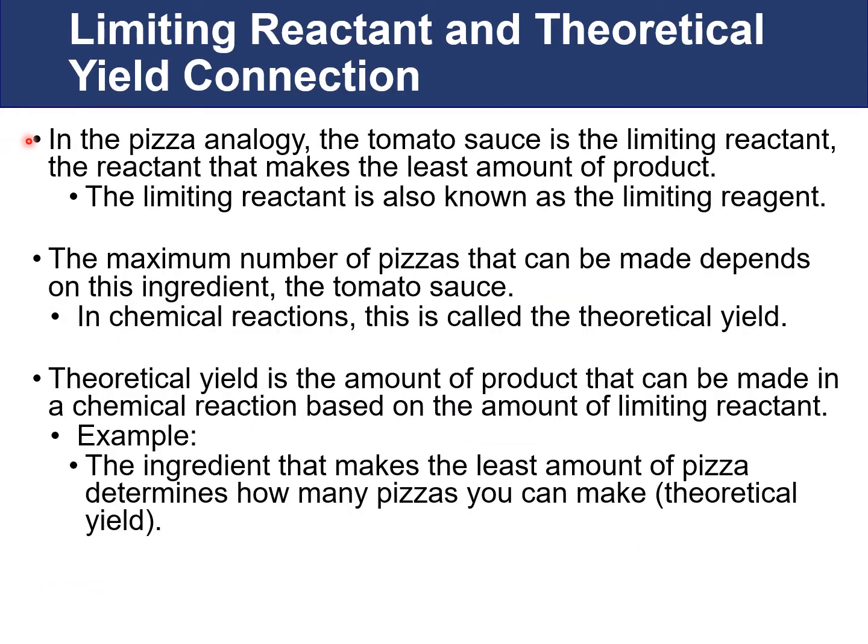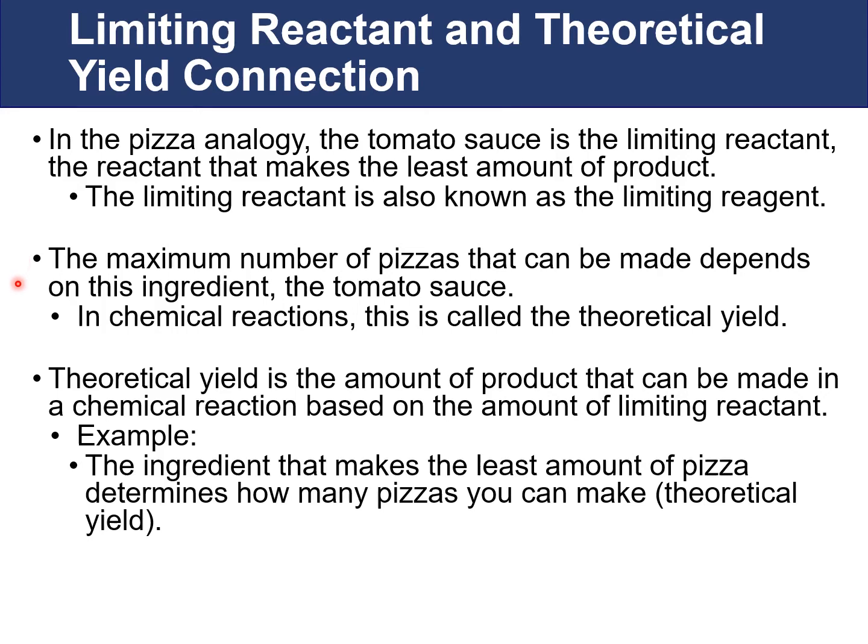In the pizza analogy, the tomato sauce is the limiting reactant, which is the reactant that makes the least amount of product. The limiting reactant is also known as the limiting reagent. Depending on where you look, you will see it used as one of these 2 terms. The maximum number of pizzas that can be made depends on this ingredient, which is the tomato sauce.